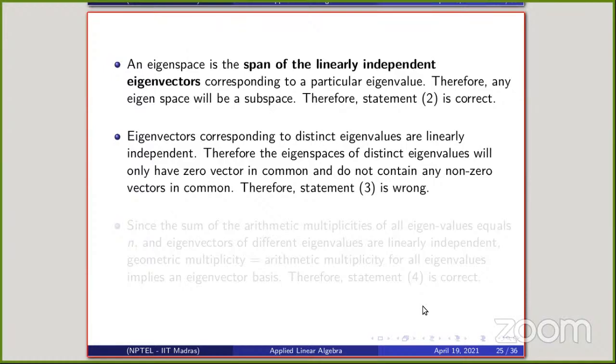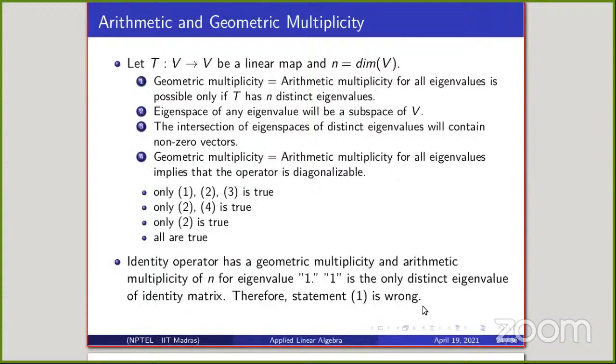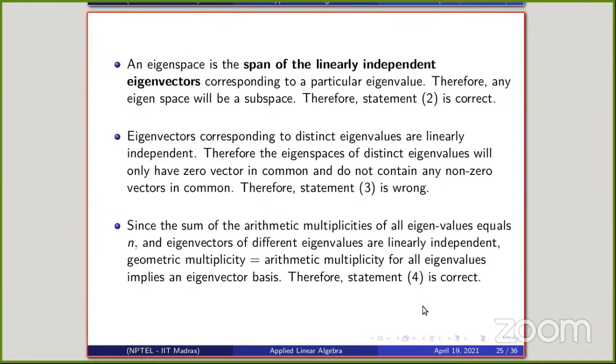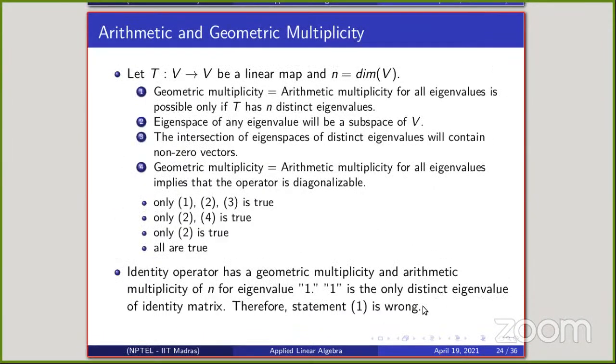Since eigenvectors corresponding to different eigenvalues are linearly independent, the intersection of eigenspaces corresponding to two different eigenvalues will only have the zero vector in common and does not contain any non-zero vectors in common. This is because eigenvectors corresponding to distinct eigenvalues are linearly independent. So statement 3 is wrong. The final statement is: if arithmetic multiplicity equals geometric multiplicity for all eigenvalues, it implies that the operator is diagonalizable.